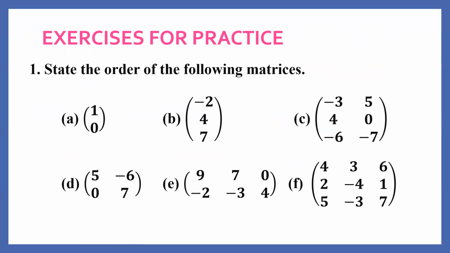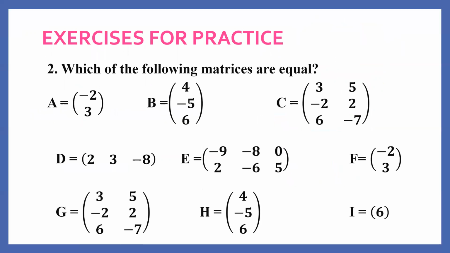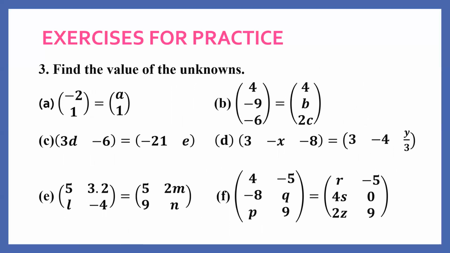So you now have some exercises to practice on what we have just learned together, that is order of matrices and addition and subtraction of matrices, as well as what we call equal matrices. So first question is on order of matrices. Second question, which of the following matrices are equal?